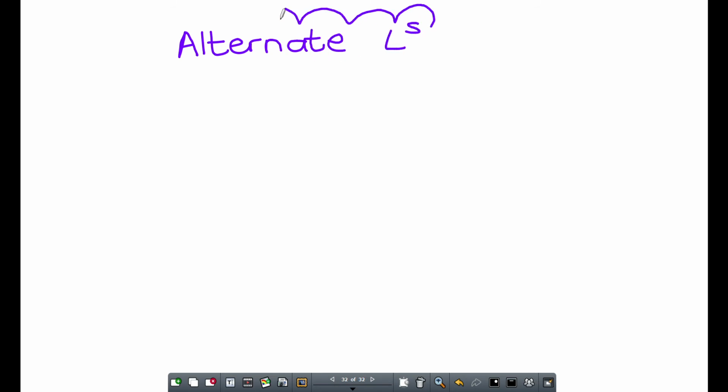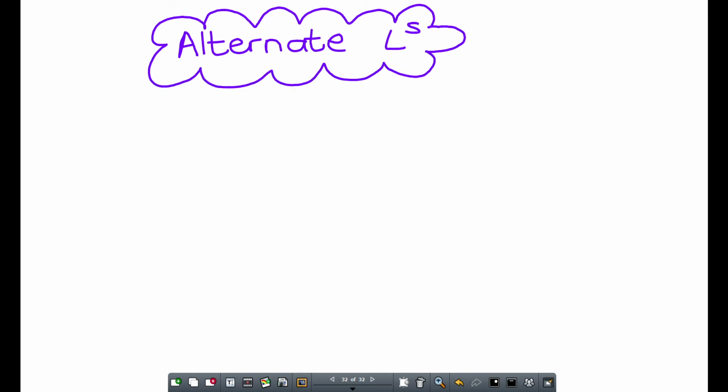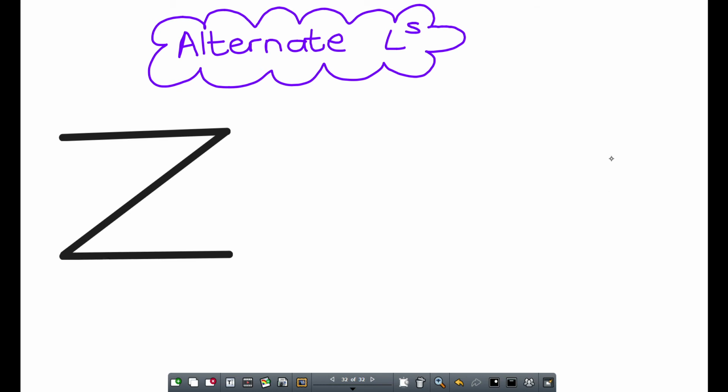Now, alternate angles, we look for a Z. And these two must be parallel.